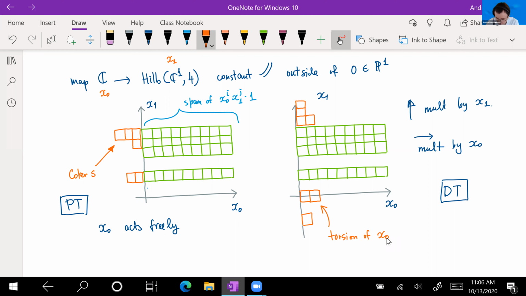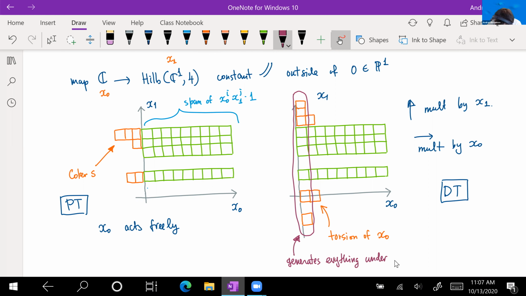But the condition of this being an actual ideal sheaf means that if I look at this column here, this generates everything under the action of x naught, right?